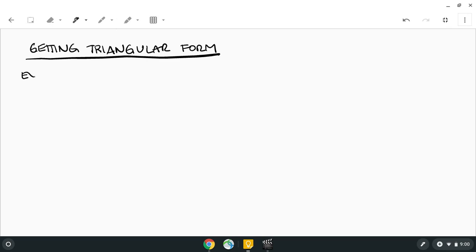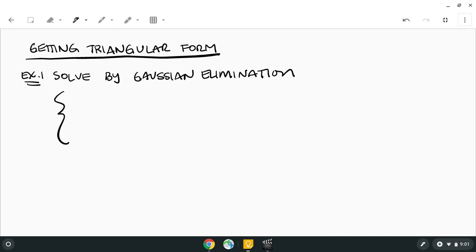It might say in your homework, solve by Gaussian elimination. That means get it in triangular form and then use back substitution.